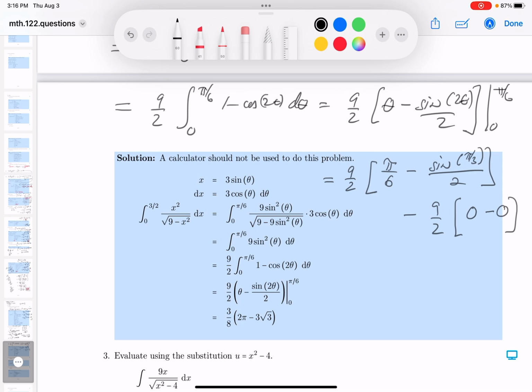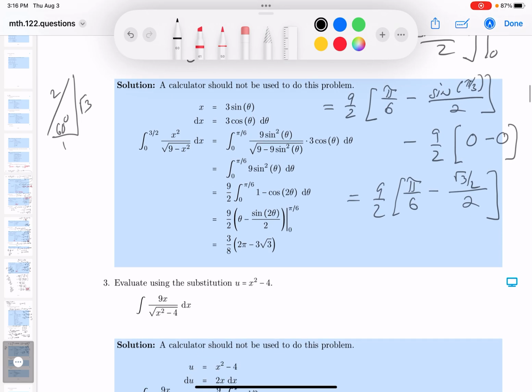Pi over 3 is 60 degrees, so the triangle looks like this over here: root 3, 2, and 1. So let's write this down: 9/2 times pi over 6 minus, you get a 2 there, and the sine of pi over 3 is root 3 over 2.